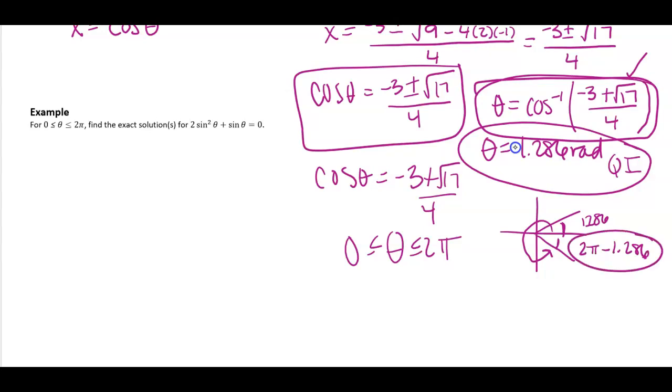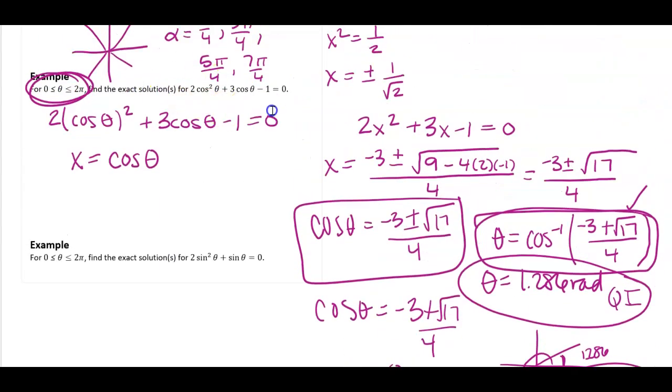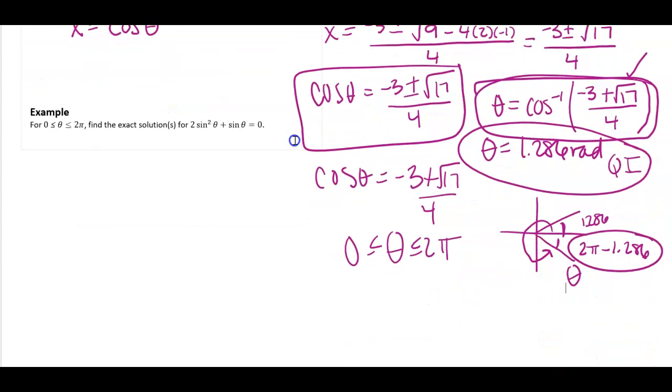And so that's going to be our 2 theta measurements for this here. Now you would have to have a calculator in order to find that. And depending on what the rounding would be, that's what you would do. But let's look at one that you do have to do some factoring and you don't need a calculator for.